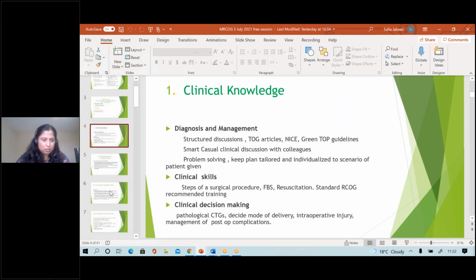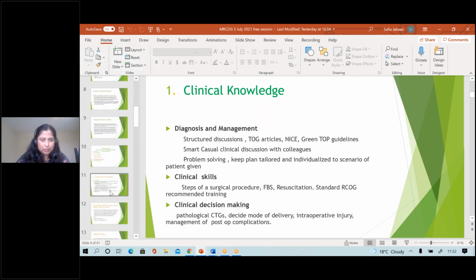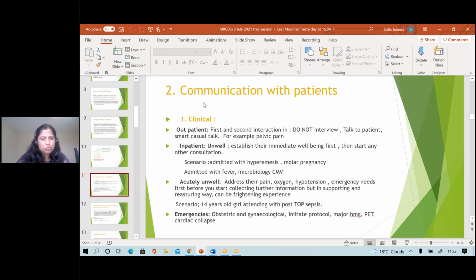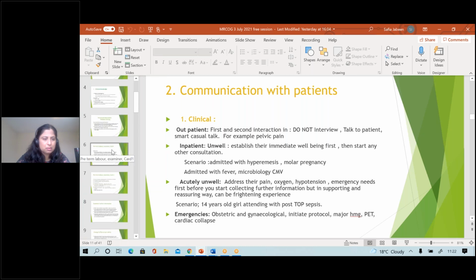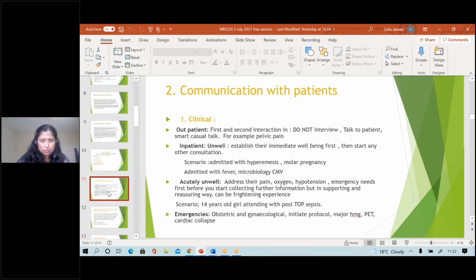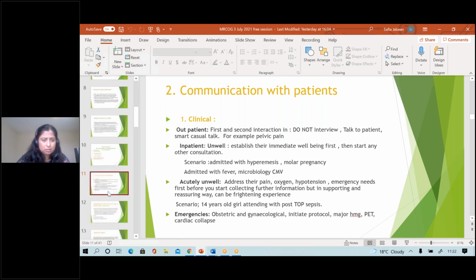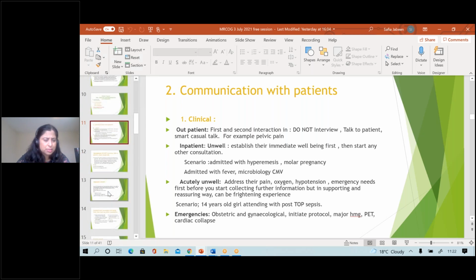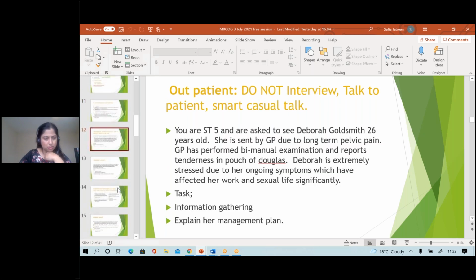We covered clinical knowledge last time, in different aspects, and how you will express the clinical knowledge in the exam circumstances. We went through different scenarios and how you should approach your communication. Then we covered communication with patients under different clinical circumstances: how you speak to your patients when you see them in the outpatient clinic, how you open up and approach your patients when they are inpatients and quite unwell, or in emergencies, and what you're supposed to do.